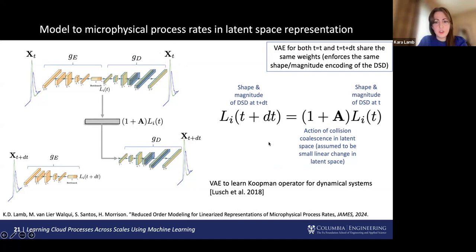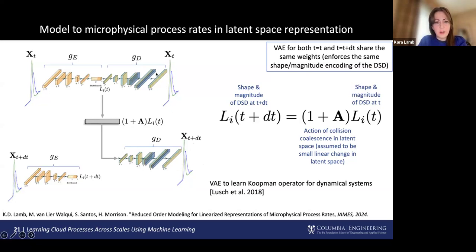That's because I'm assuming the action of collision coalescence is going to be a small linear change within the latent space representation. So then this latent space representation with the linear operator applied is basically giving me the latent space representation at the next time step after the process of collision coalescence. In order to reconstruct the true droplet size distribution at the next time step, I'm going to feed that back into this trained decoder function.